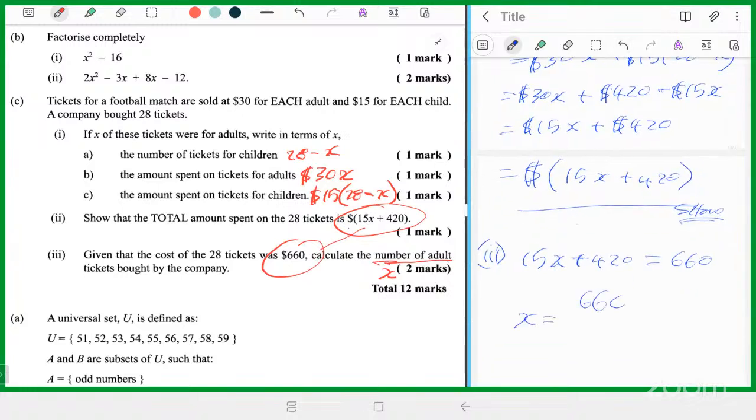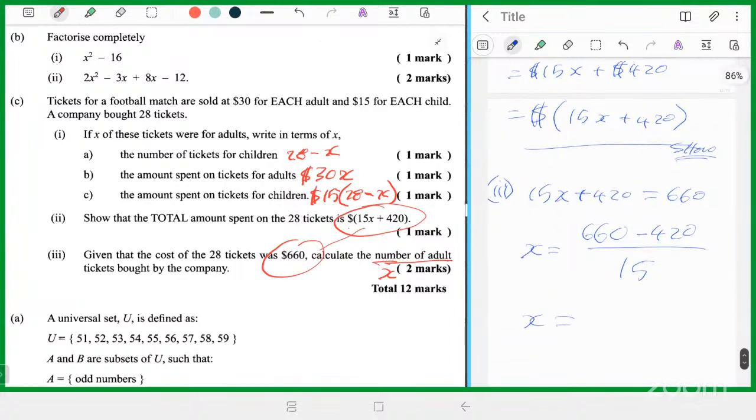660. Take the 420 and carry it over, subtract, get minus 420, and then take this 15 and divide it under here. Divided by 15. Whatever we get for that is the number of tickets sold for adults, because x is the number of tickets sold to adults.